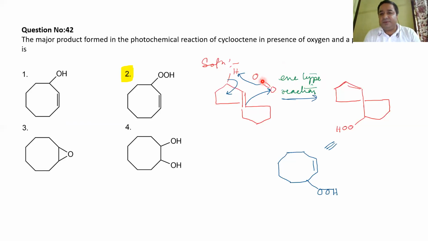This particular double bond will capture the hydrogen, and the C-H bond will break and form a double bond, whereas this pi electron will go and capture the oxygen. Keeping that in mind, my molecule will now look something like this. Now I only have to change the way I'm writing this molecule, and if I make it flat, what I can see is this type of structure is generated, and so my answer will be 2.